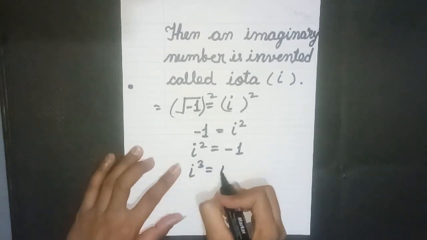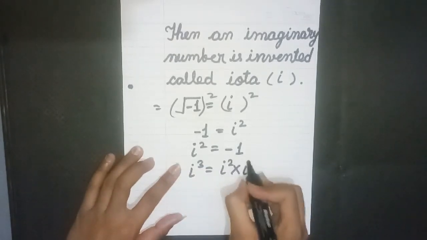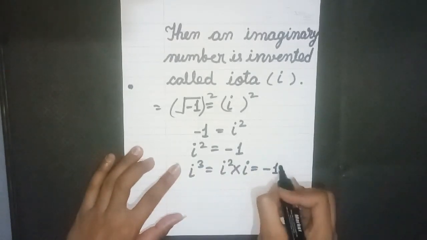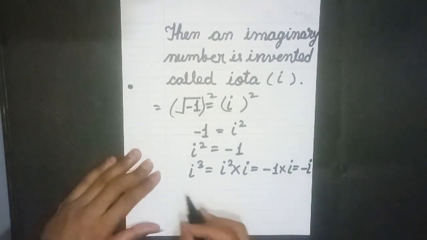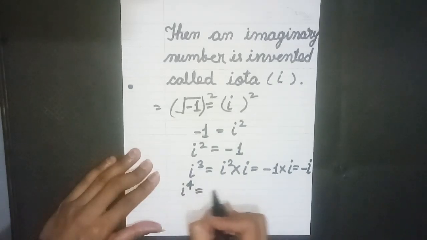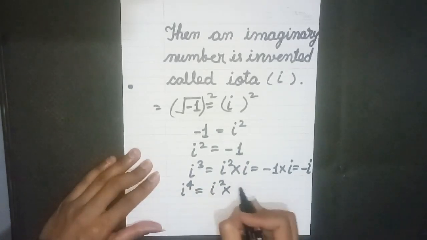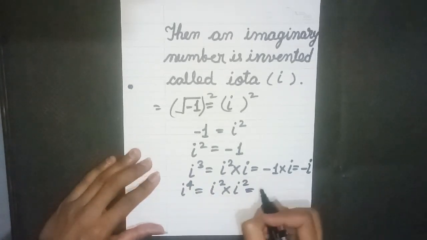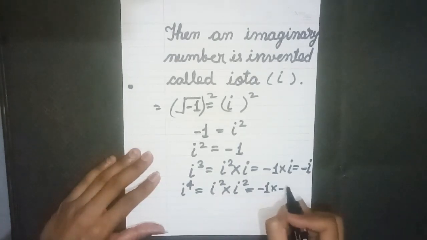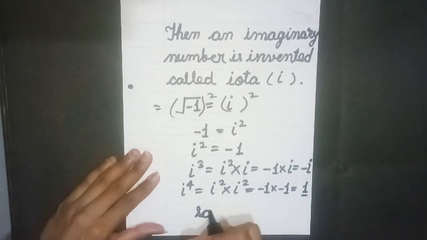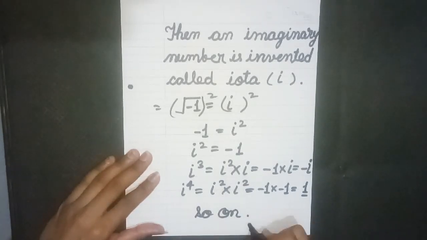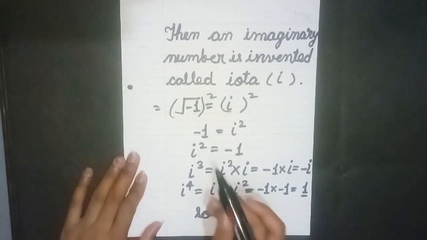And iota cube is equal to iota square multiplied by iota, that is equal to minus 1 multiplied by iota, which is equal to minus iota. And iota 4 is equal to iota square multiplied by iota square, so this is equal to minus 1 multiplied by minus 1, which is equal to 1. Got it? And so on, we can find the values of powers of iota.